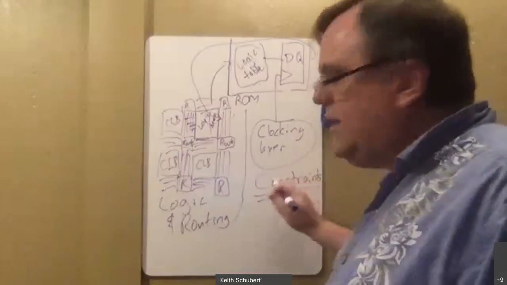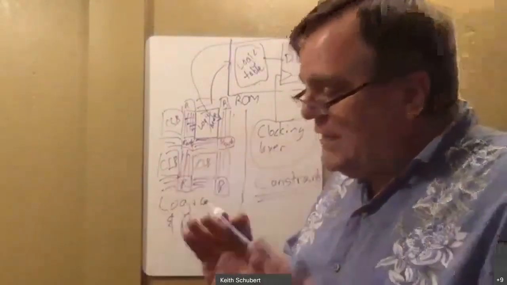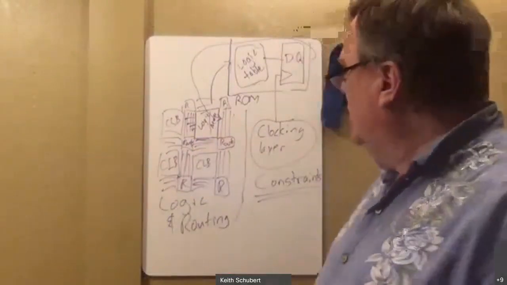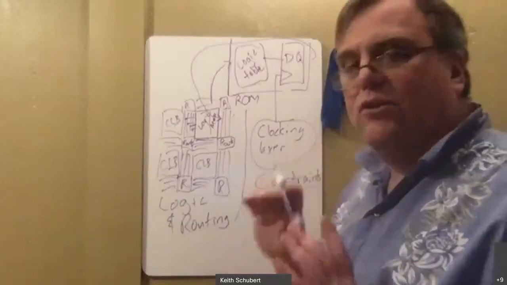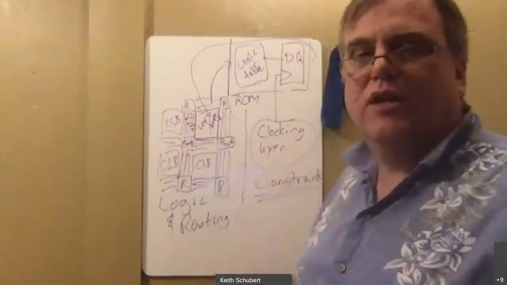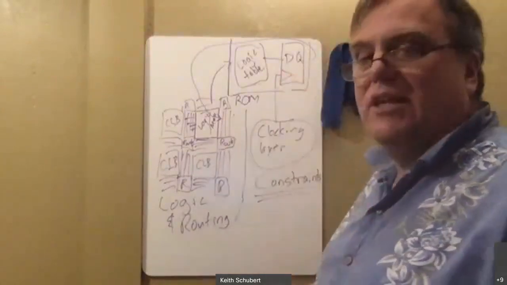You can set what clocks there are and how they're timed, but it's a fixed timing between them. So we'll often do what are called clocking blocks and all kinds of other stuff to set these constraint files.